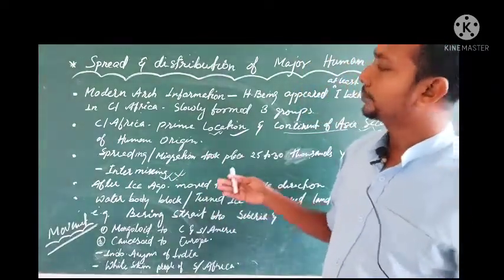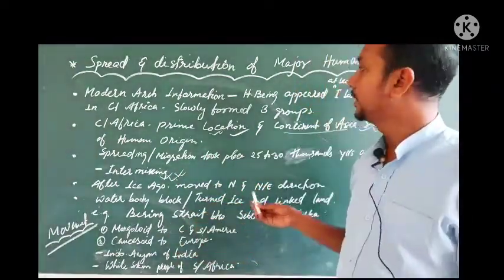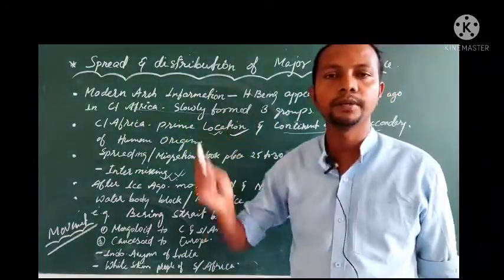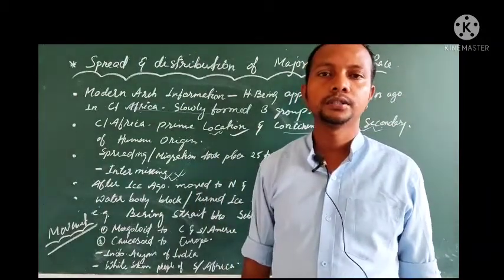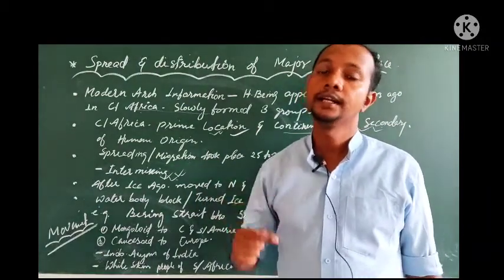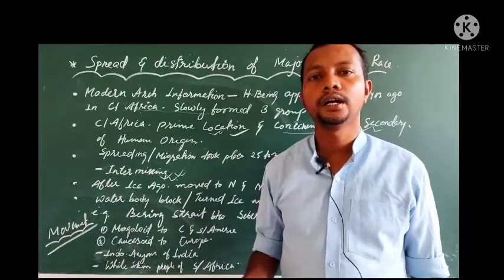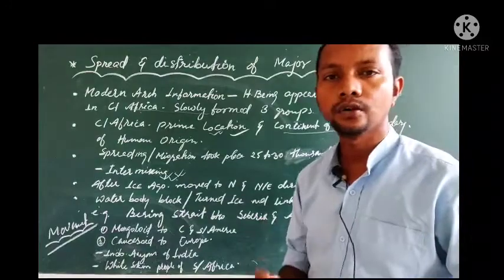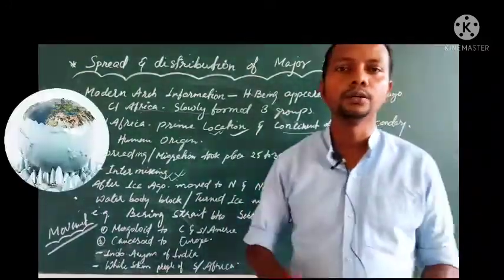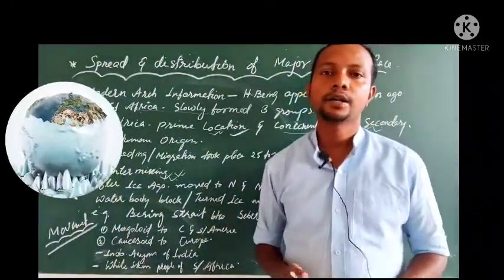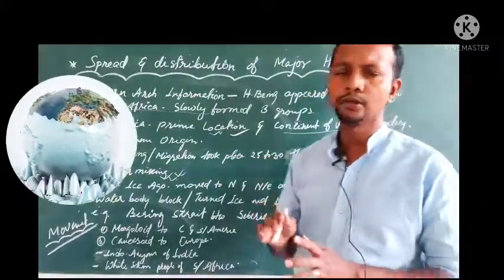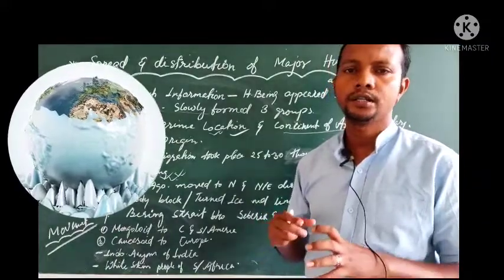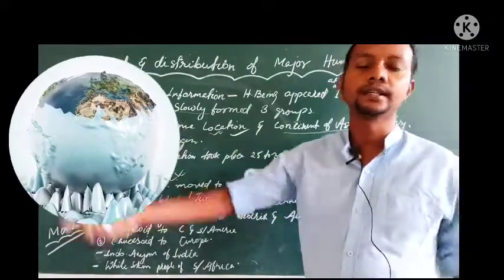Moreover, in the previous videos we have seen that the human being, from the species of Homo sapiens, had its origin in the ice age, when the world was covered with ice. The central part of Africa, more or less if we see the globe, was a bit warmer than any other area.